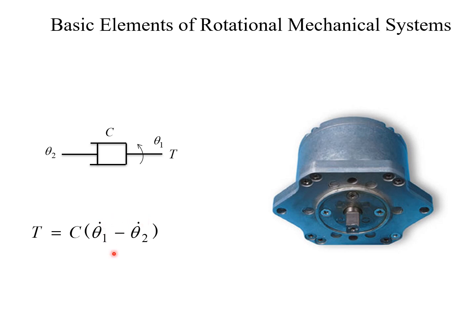So C into velocity 1 minus velocity 2, which is represented as d theta 1 by dt minus d theta 2 by dt. So with respect to a rotational mechanical system, the torque is equal to C into angular velocity 1 minus angular velocity 2. This is one type of dashpot used in a rotational mechanical system, which is shown in the picture.